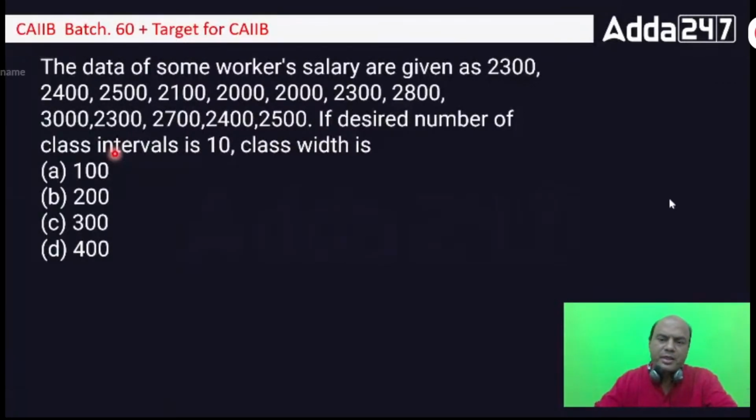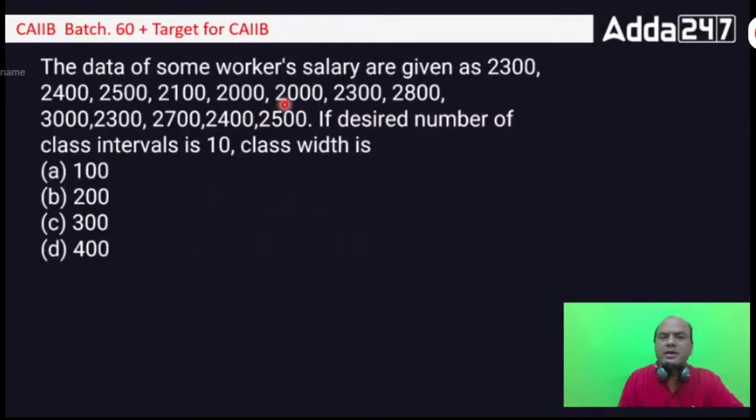Okay, move on. So now what is the answer? See this. What is the question given? Find the class width. See how to find the width. Always find the lowest number and the highest number. So what is the lowest number? Here the lowest number is 2000.